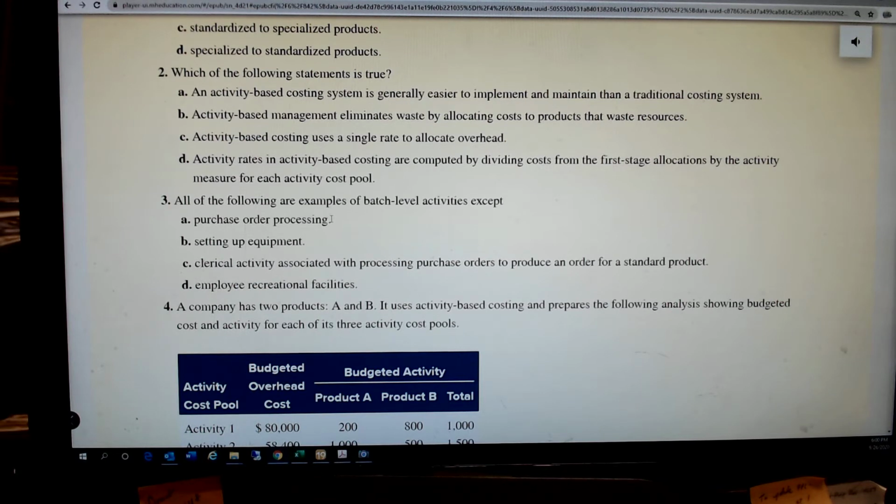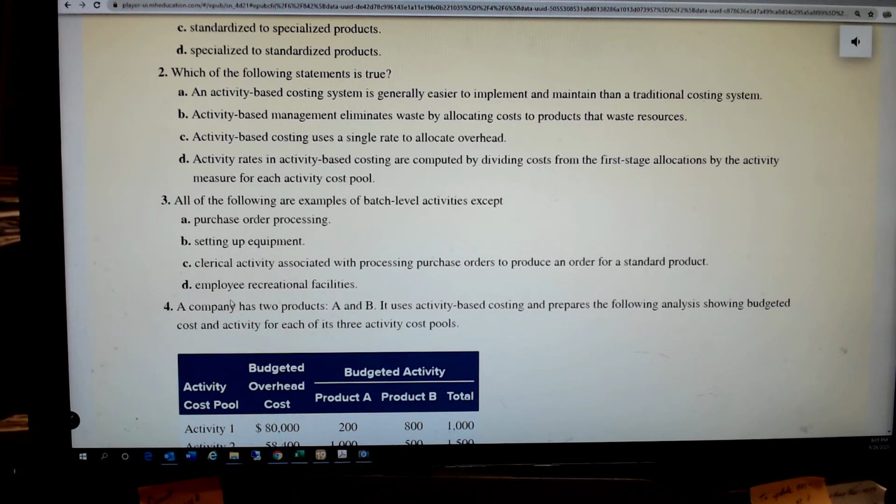So that's probably a batch. Setting up equipment, that definitely is batch level because we have to set it up for this particular batch. Clerical activity associated with processing purchase orders to produce an order for a standard product. Yeah, we're going to produce an order.